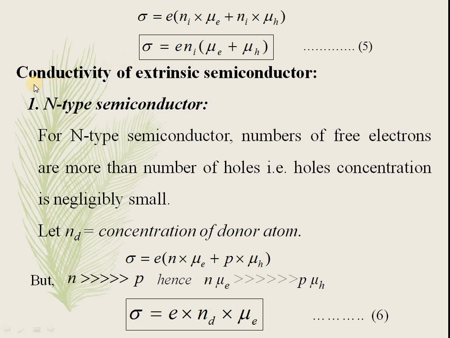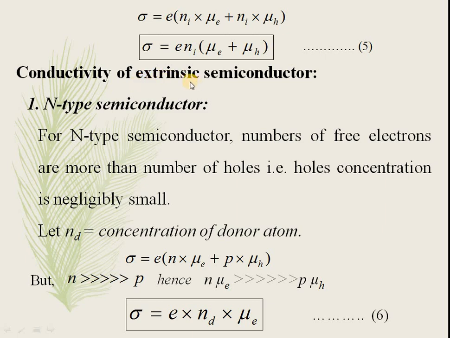Then we go further to the second type of semiconductor, that is the extrinsic semiconductor. Now what is meant by extrinsic semiconductor? We discussed the intrinsic semiconductor, the semiconductor in the pure form. To increase its electrical conductivity, some impurity is added to the pure semiconductor, and then a new semiconductor is formed.